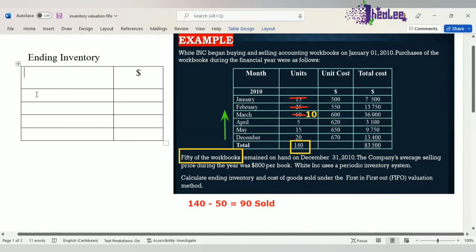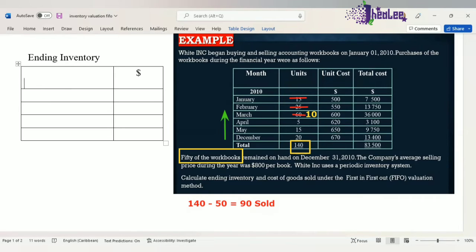So we'll start with our December set. So that will be the 20 times the 670 per unit, and this will give us a value of $13,400.